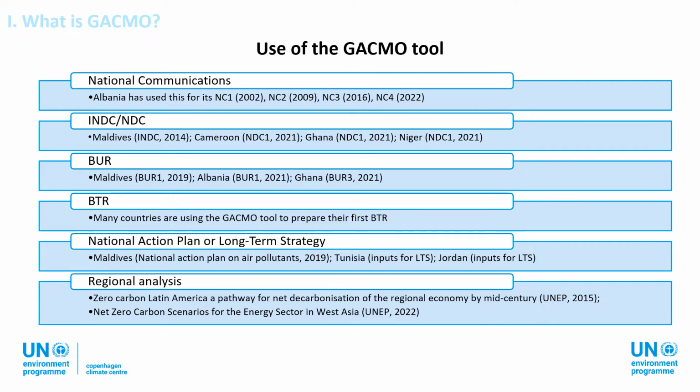Maldives, Albania, and Ghana used it for biennial update reports. It also has been used for national action plans or long-term strategies, for example, by Maldives and Tunisia. It has also been used for regional analysis in the case of Latin America and West Asia. Many countries are using the GACMO tool to prepare their first biennial transparency report under the Paris Agreement.